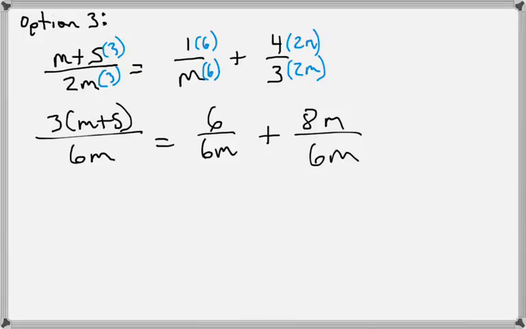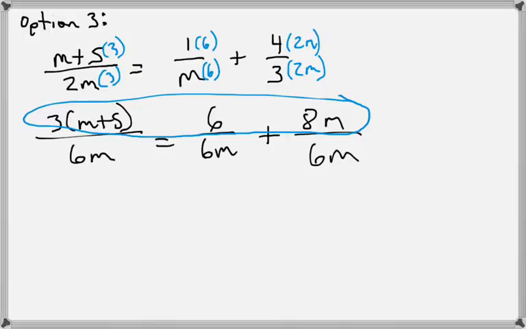So the only way this works is if we look at the numerators. All that matters at this point is just the numerators. The denominators are all the same, so we can make this an equation without the fractions simply by taking the numerators: 3 times (m plus 5) is equal to 6 plus 8m, and solve from here.